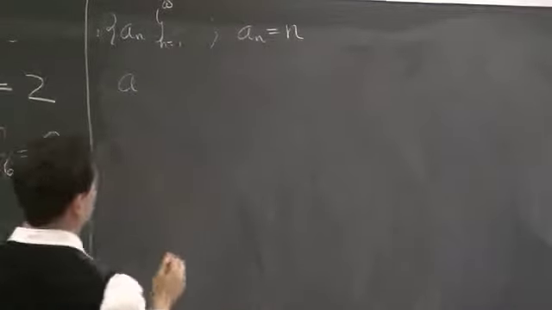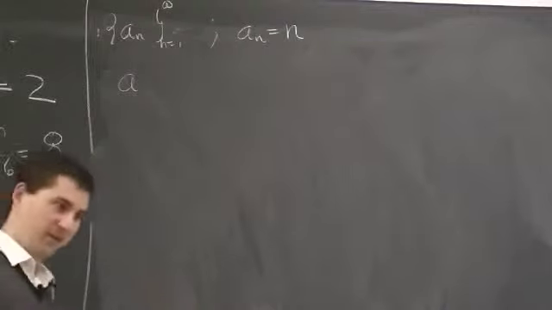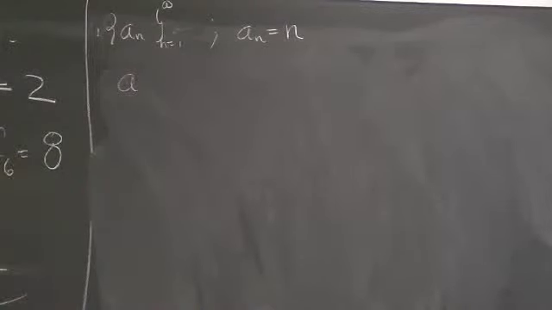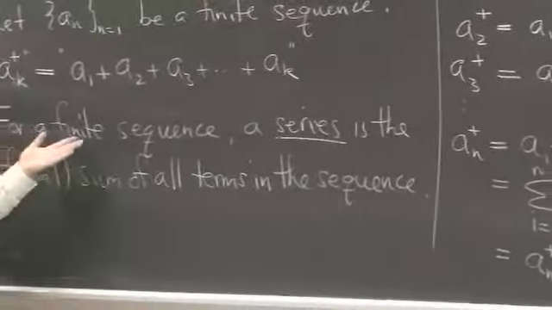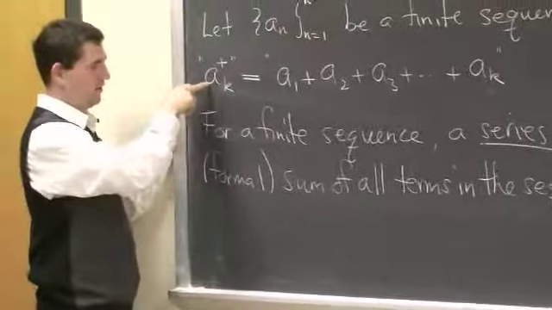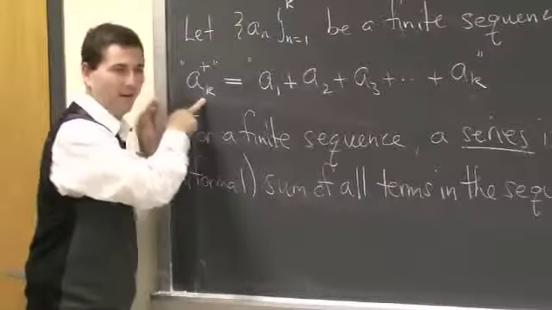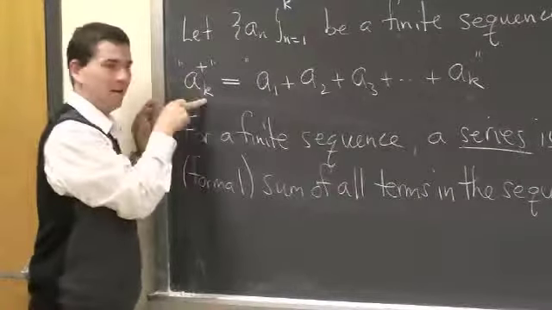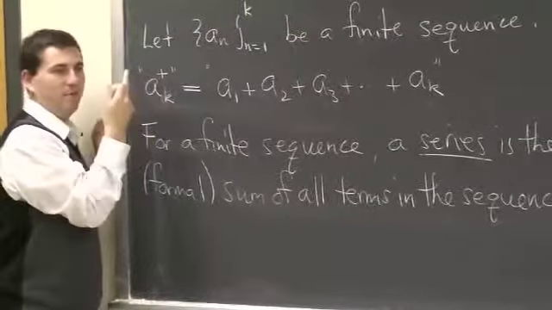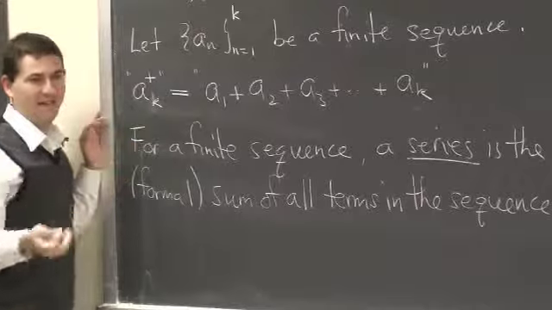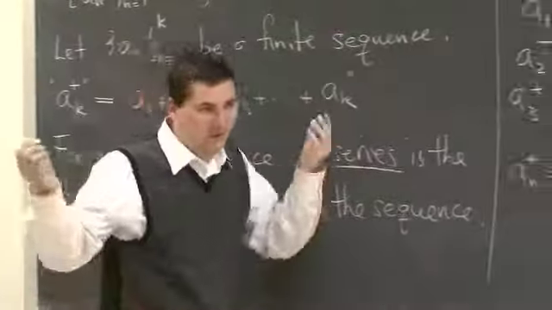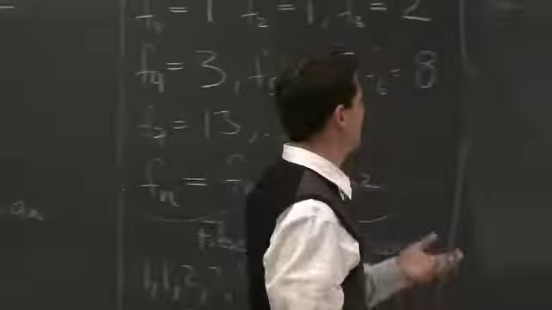Well, now I have a problem. If I want to write down the series for this, you sum up all the terms. For an infinite sequence, I have a notational problem because I don't have a number to put here anymore. For a finite one, just put the last number right here. What should I put for an infinite sequence? Let's suggest infinity. That's as good a guess as any.